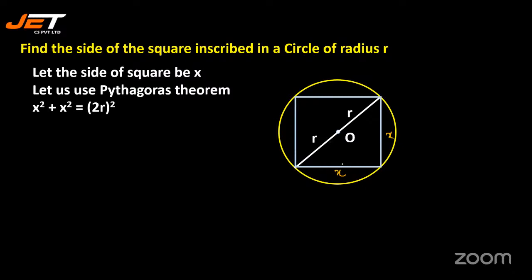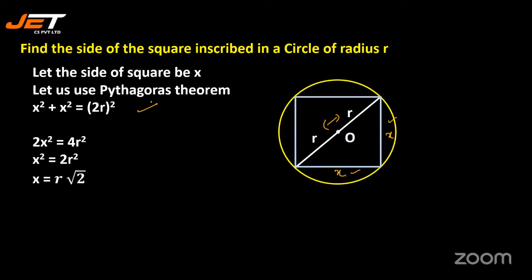What Pythagoras theorem says, the square of the hypotenuse is equal to the square of opposite side and the square of adjacent side, isn't it? So x square plus x square is equal to r plus r, 2r, the whole square. So we get 2x square is equal to 2 into 2 is 4, r into r is r square. So we get x square is equal to 2r square.